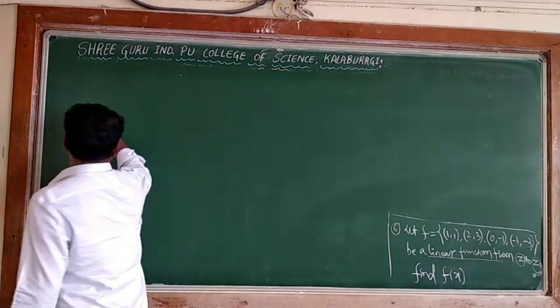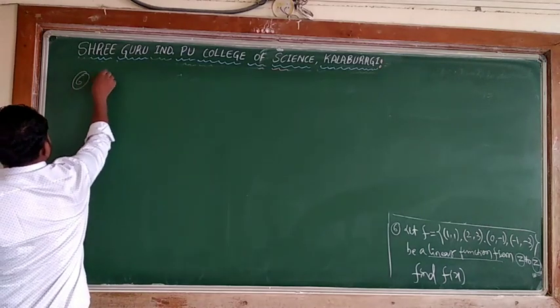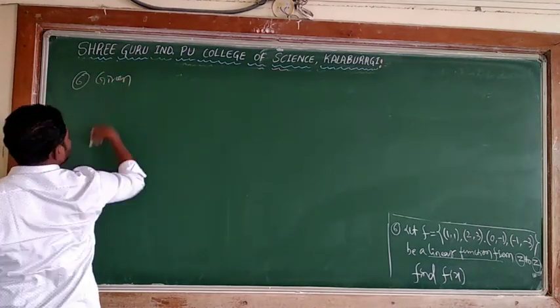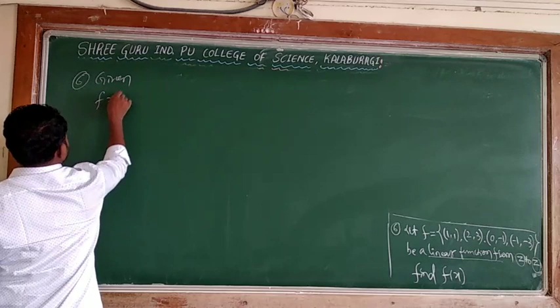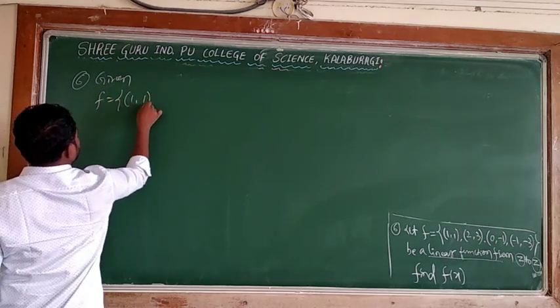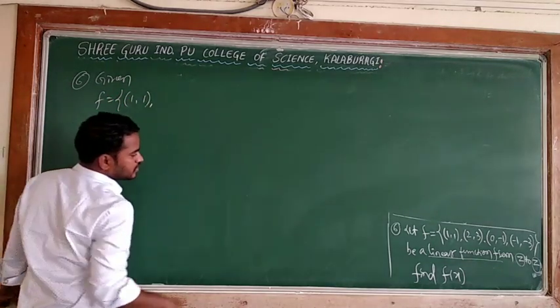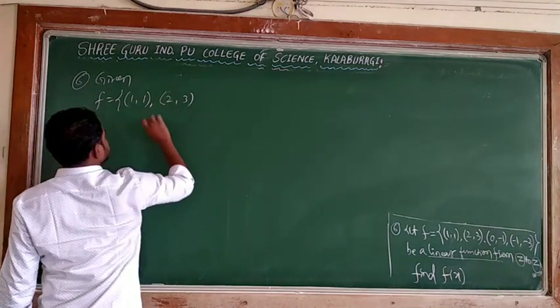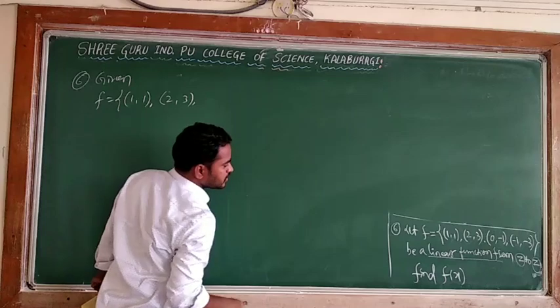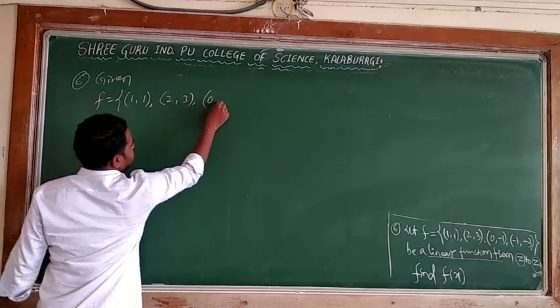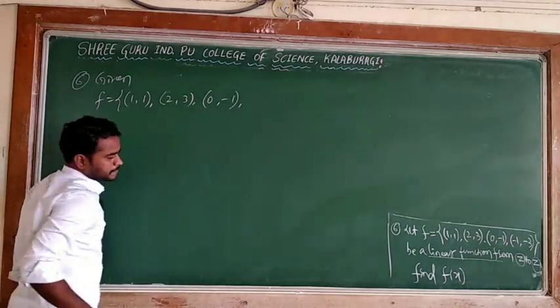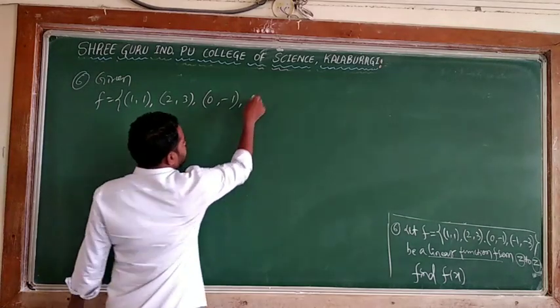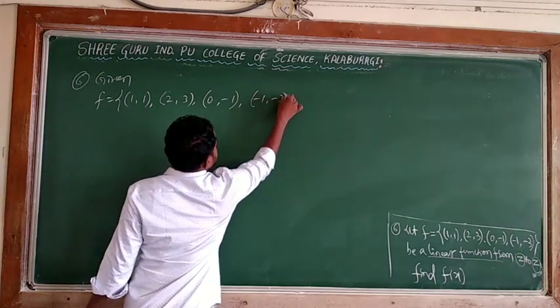I will write here, sixth one. Given f is equal to (1, 1), (2, 3), (0, minus 1), (minus 1, minus 3).